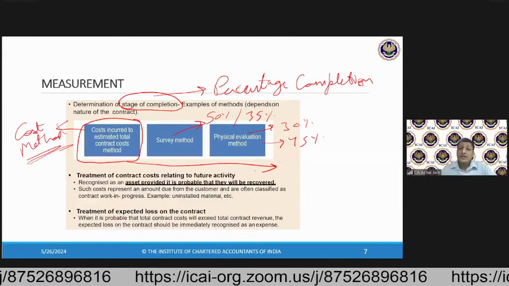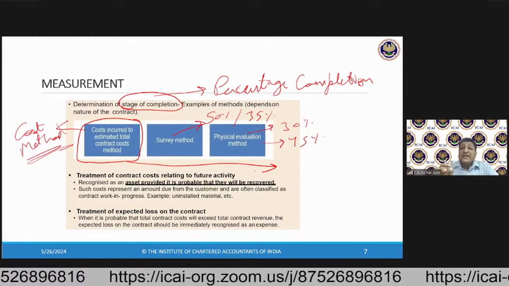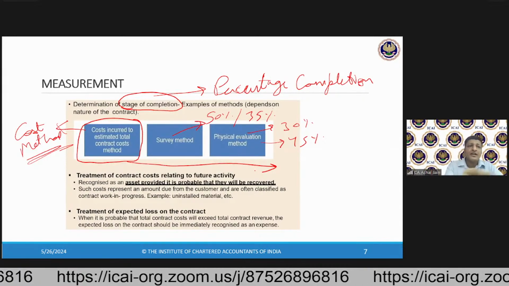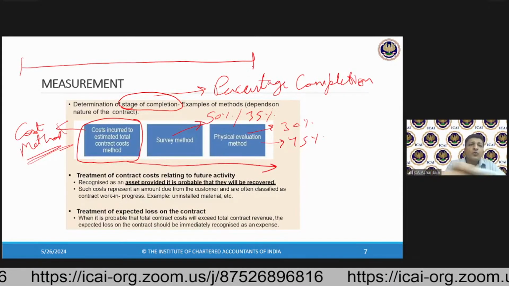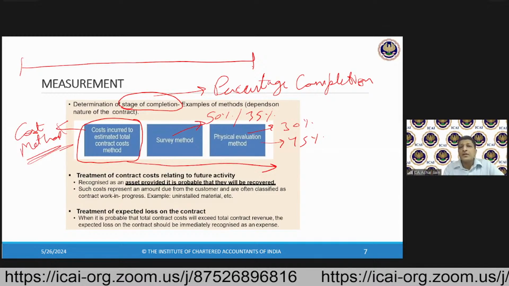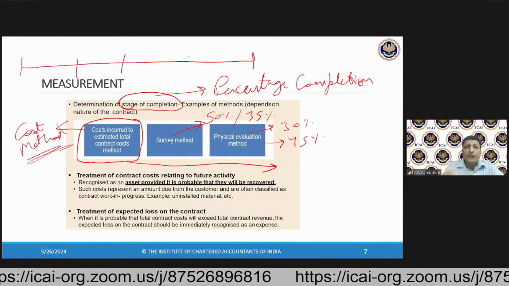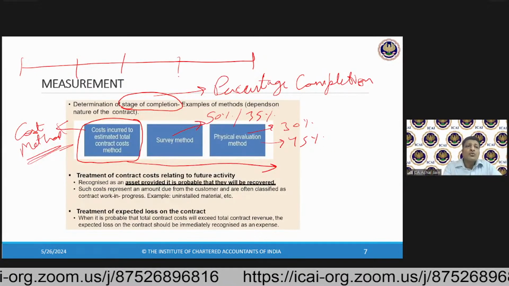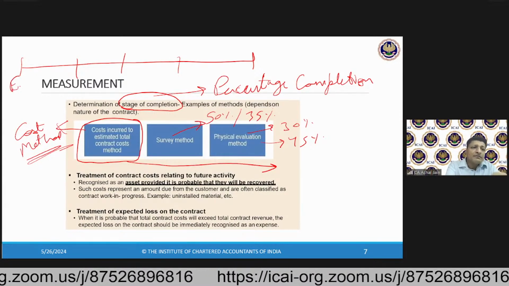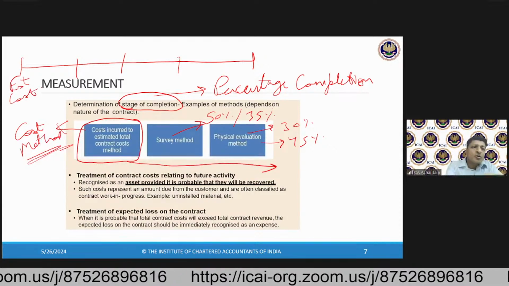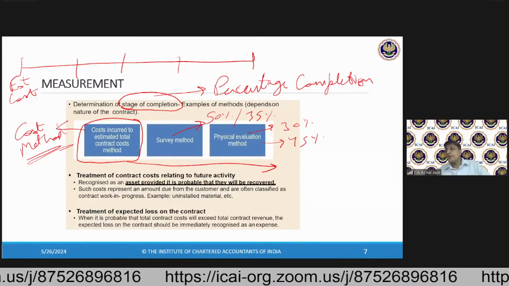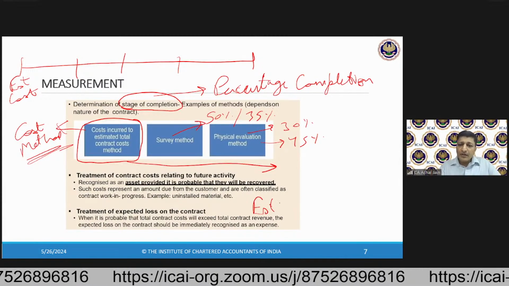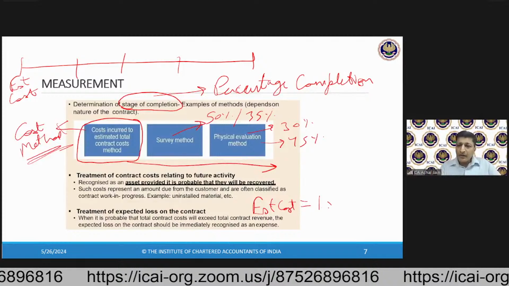It says that the company would initially estimate, for the entire contract, what is going to be the estimated cost. Let's suppose it's a 4 years contract. So the company will estimate what is going to be the cost for this entire contract. Let's suppose the company says the estimated cost is 100 crore.